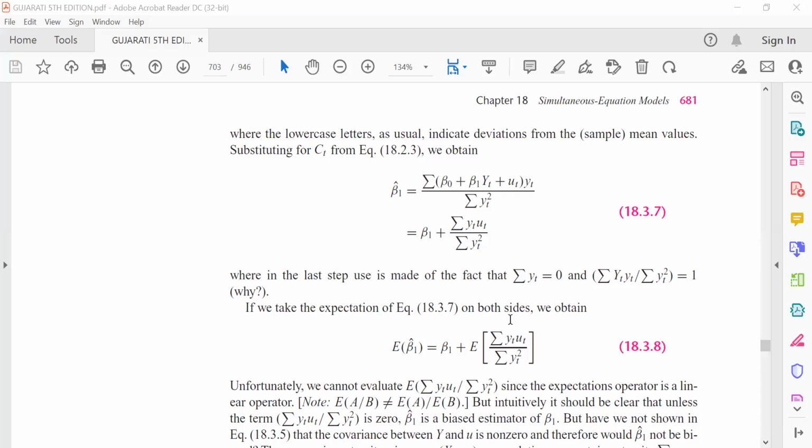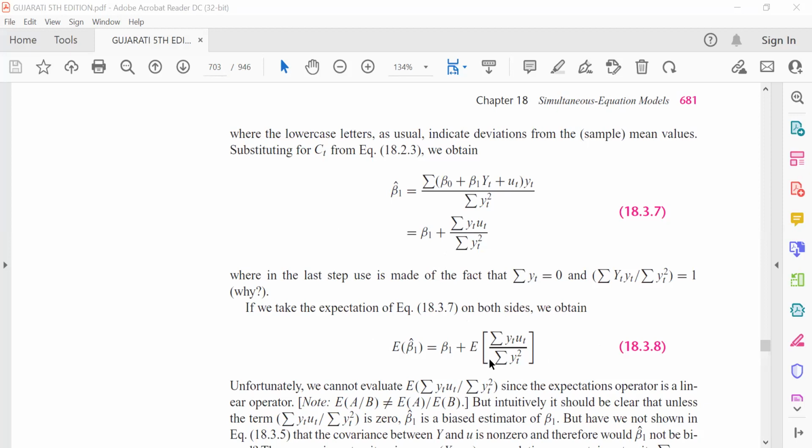Here we have the expected value of beta 1 hat not equal to beta 1, because in this part of equation 18.3x, the expected value of mu t is not equal to 0. Because it is not equal to 0, this means the expected value of beta 1 hat is not only beta 1, but plus something else.